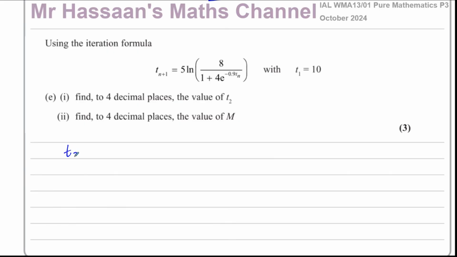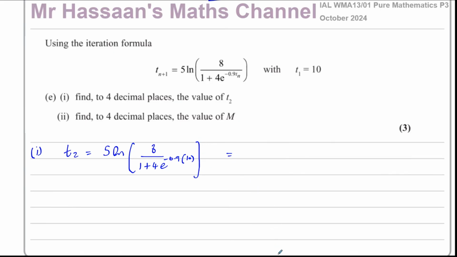So if I want to find T2, so this is part 1, I just use this iteration formula. So 5 times the ln of 8 over 1 plus 4 times e to the power of minus 0.9 times T1, which is 10. That's going to give me T2.